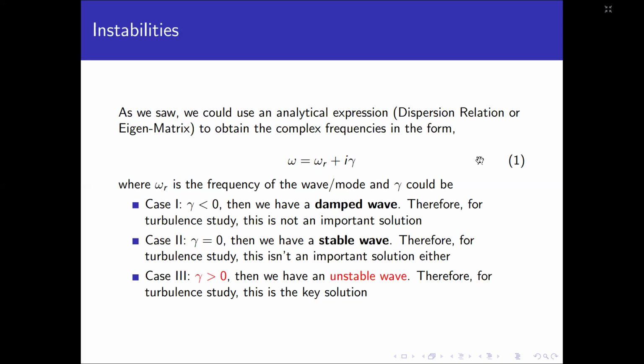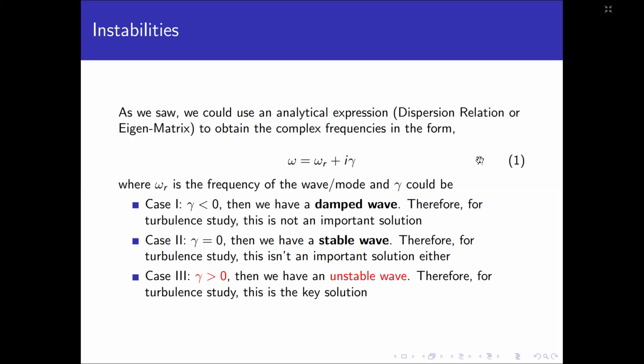These are complex solutions where the real part of the solution represents the frequency of the wave, and the imaginary part could be one of these three cases. In the first case, if the imaginary part is negative, we say that we have a damped wave. And from a turbulence standpoint, this is not an important solution.